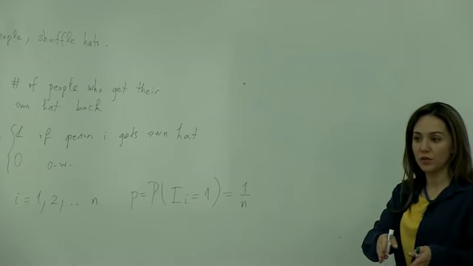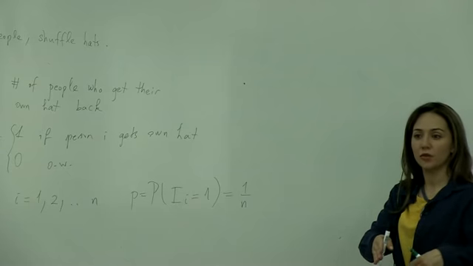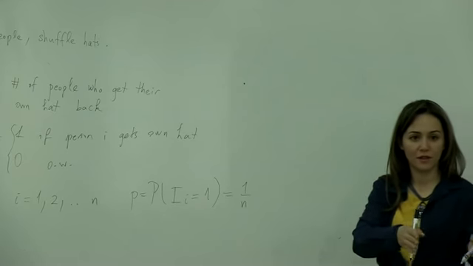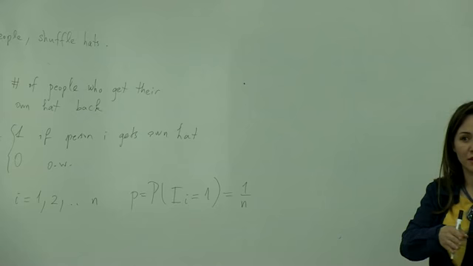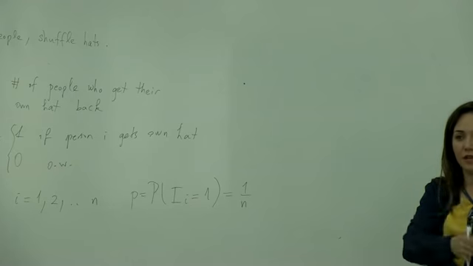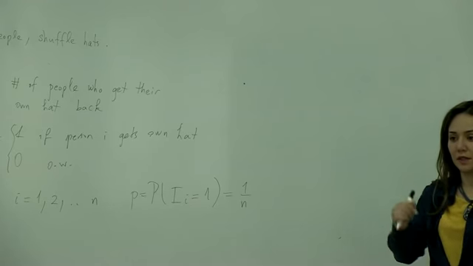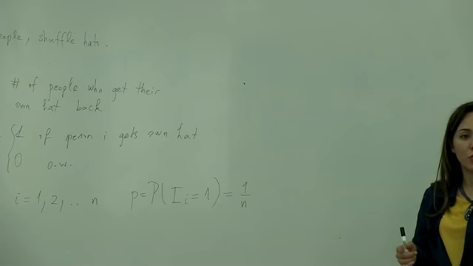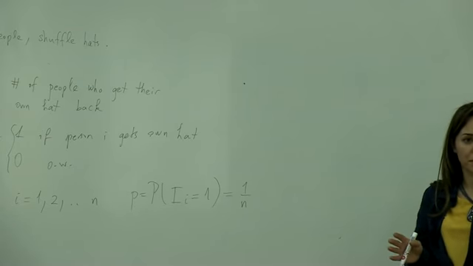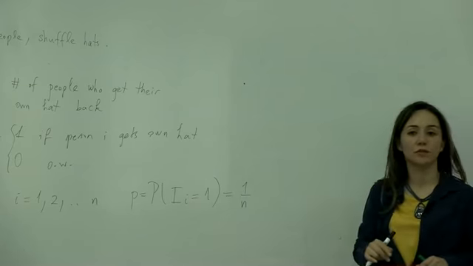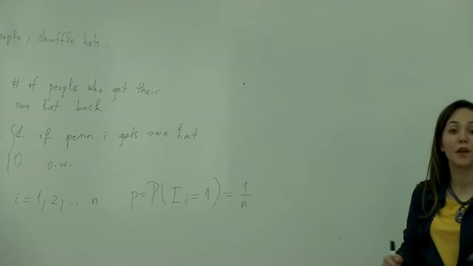Person 2 is now more likely to get his own hat back, given that person 1 got his own hat. The conditional probability that person 2 gets their own hat becomes 1 over n minus 1. Why? Because one person and one hat are out of the picture. The problem reduces to a problem parameterized by n minus 1 rather than n.